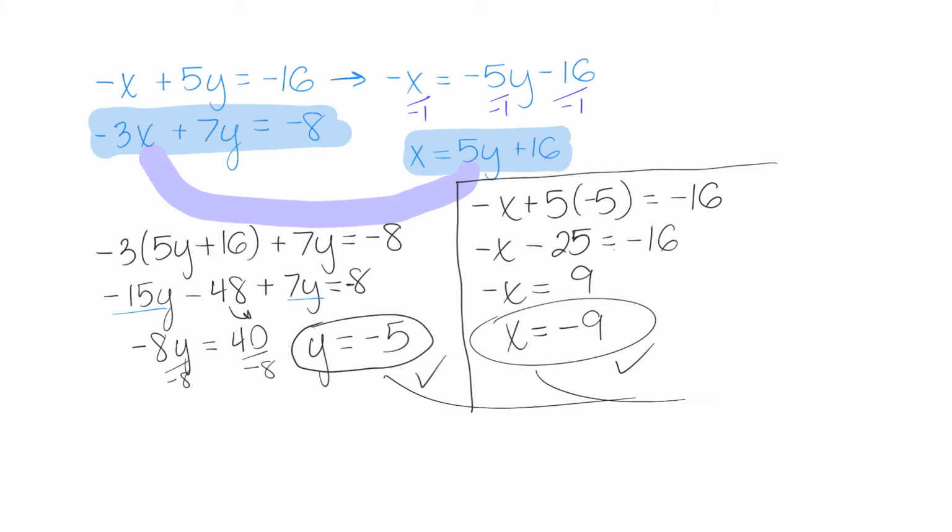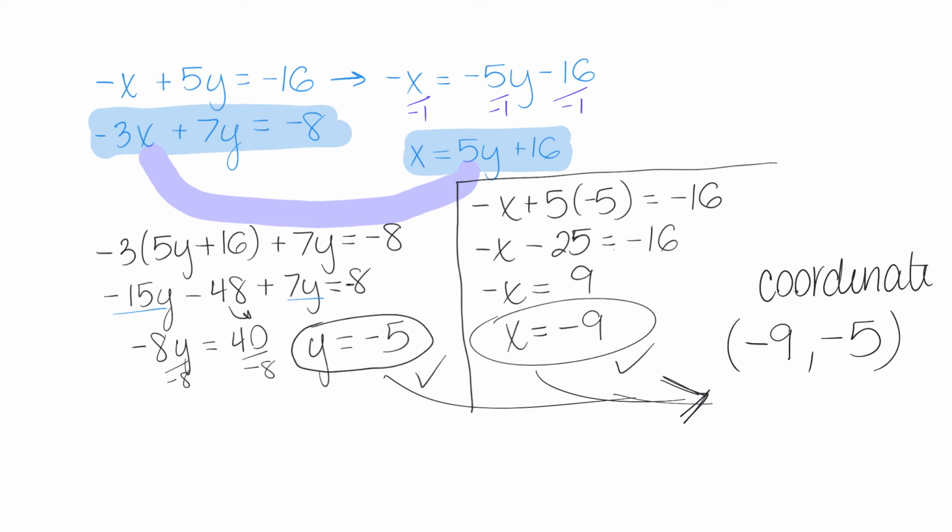So I can take both of these and really make them a coordinate because I have an x and a y. So negative 9, negative 5. So it's a coordinate, like on a graph. That's right. So our next method for solving this is by graphing. And here you'll really see where the coordinates come to life.